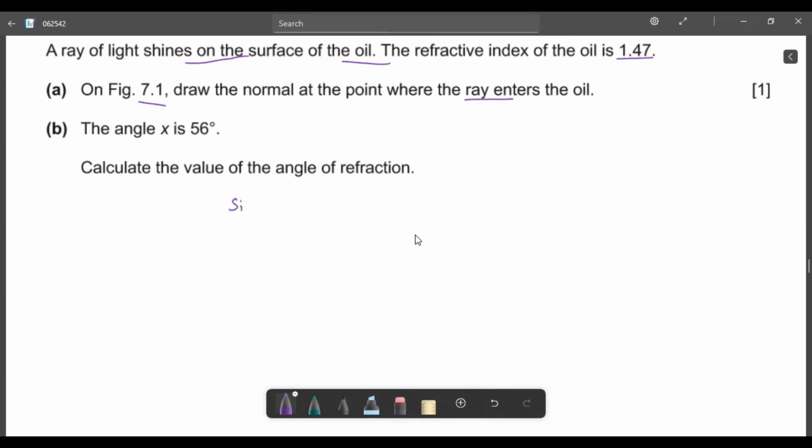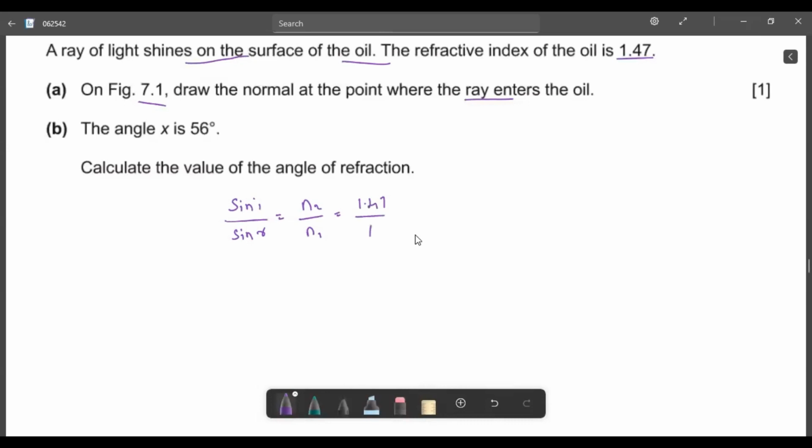So sin i by sin r, where i means angle of incidence and r means angle of refraction, is equal to n2 by n1. n2 is the refractive index of the second medium, that is oil, which is 1.47, and n1 is the refractive index of the first medium, that is air, that is 1.